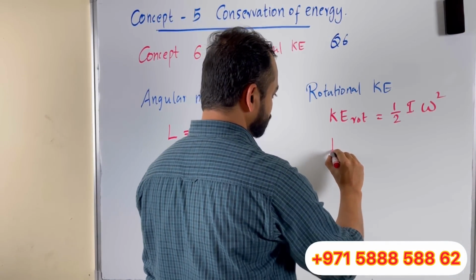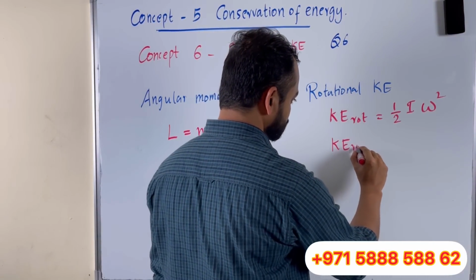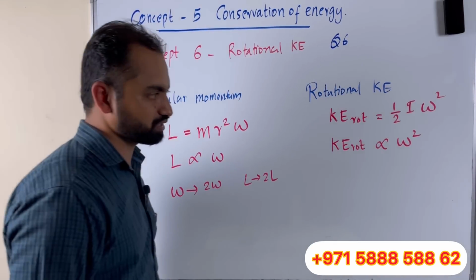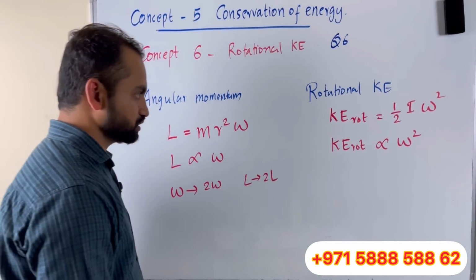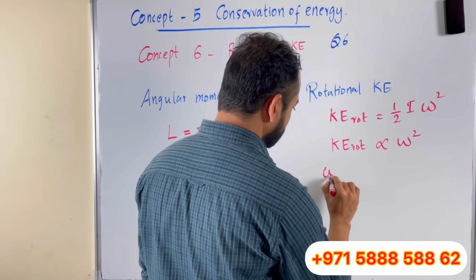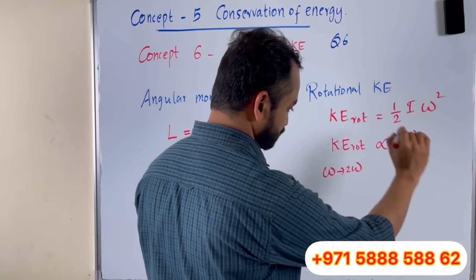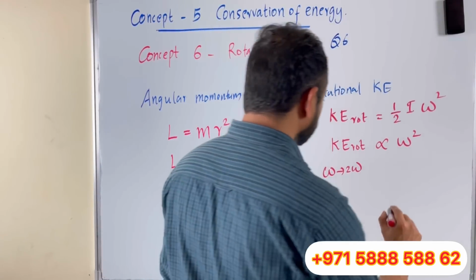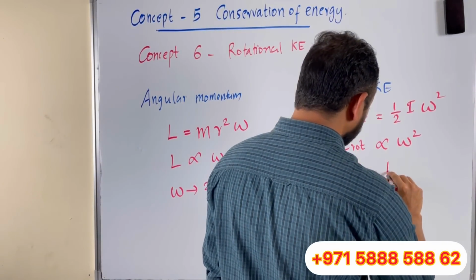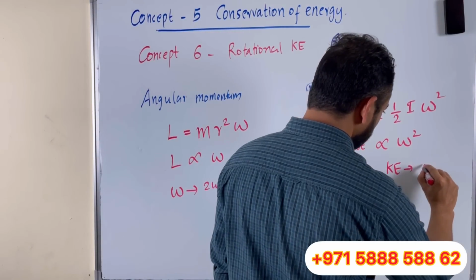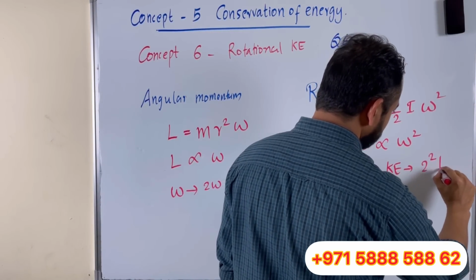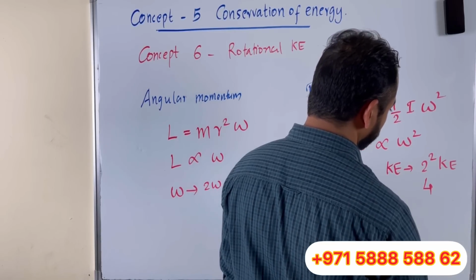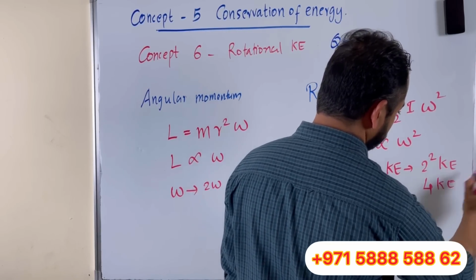From this equation you can see the rotational kinetic energy is directly proportional to omega squared, which means when omega changes to 2 omega, when speed becomes 2 times the initial speed, then kinetic energy changes to 2 square times the initial kinetic energy. What is 2 square? 2 square is 4, right? So it becomes 4 times the kinetic energy.